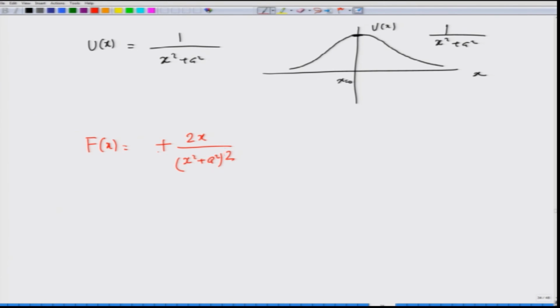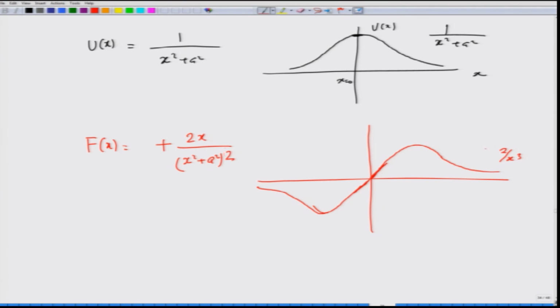Force is linear near the origin, because near the origin x is nearly 0, so I can take the denominator to be just a to the power 4. So, it is linear and is positive on the right hand side, negative on the left hand side, attains a large value and then goes down as 2 over x cubed for x much greater than 0. On the left it will go as minus 2 over x cubed, meaning a negative value for x much less than 0.